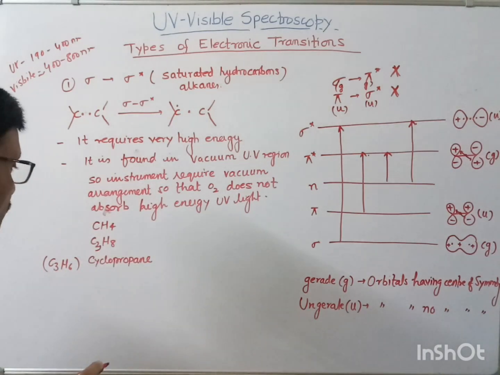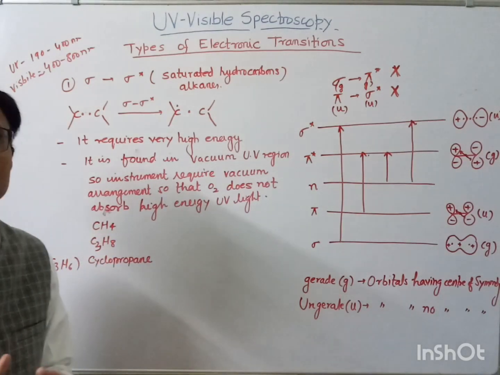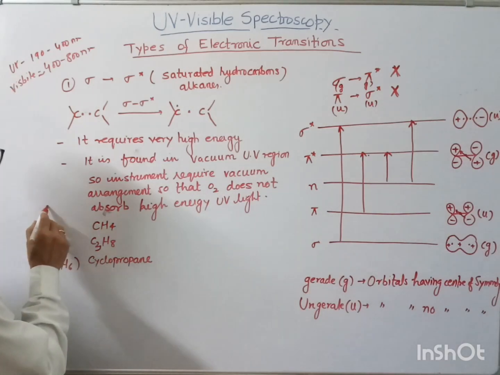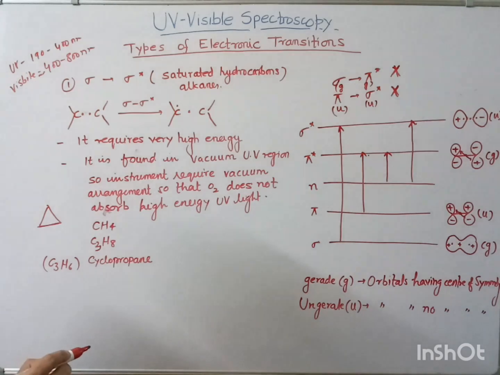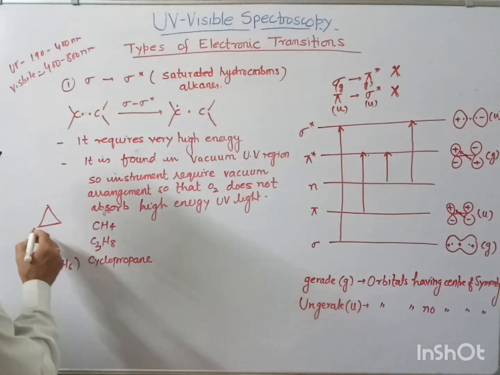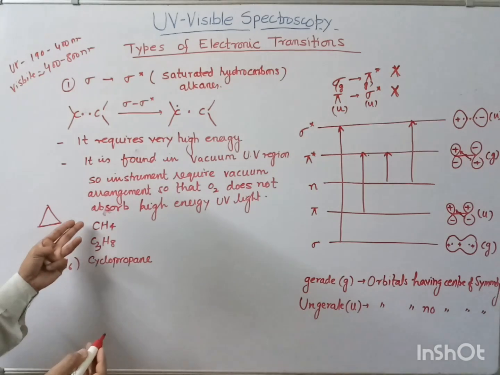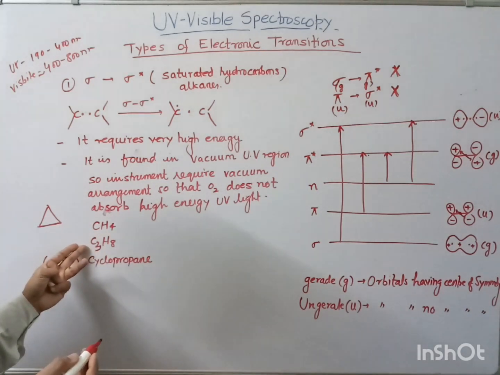So out of this, cyclopropane being a cyclic one, its bonds are quite strained, so they can be easily broken down. These sigma bonds require less energy in comparison to the CH bond, or the CC bond here.